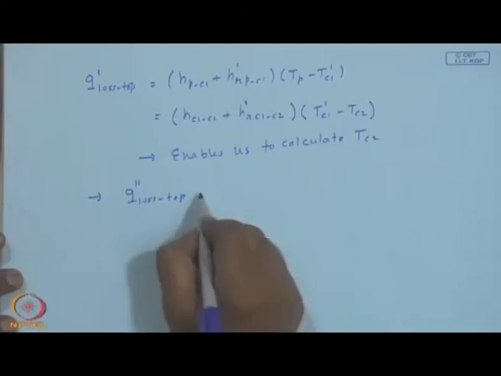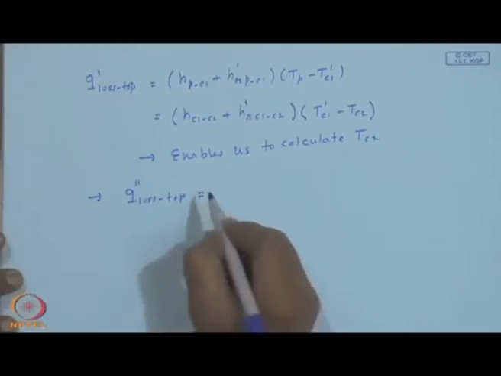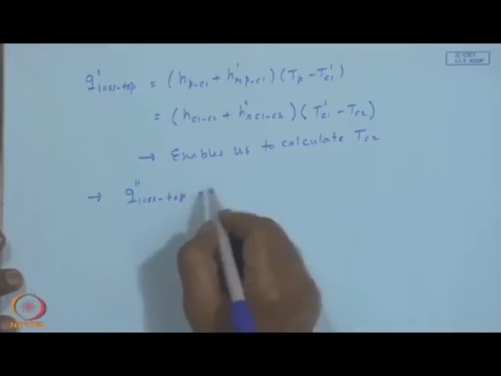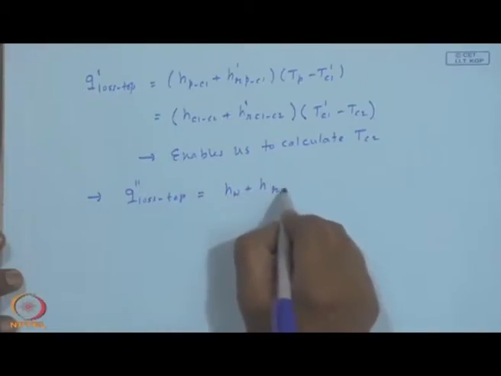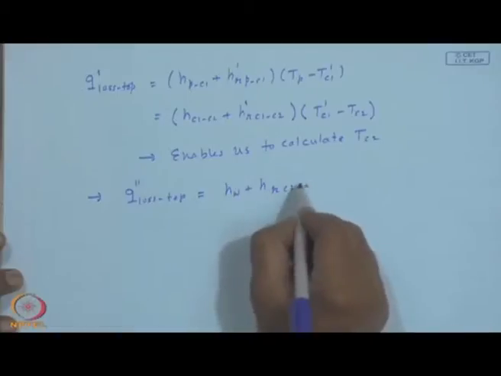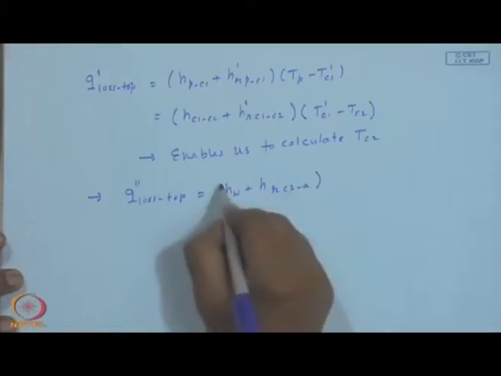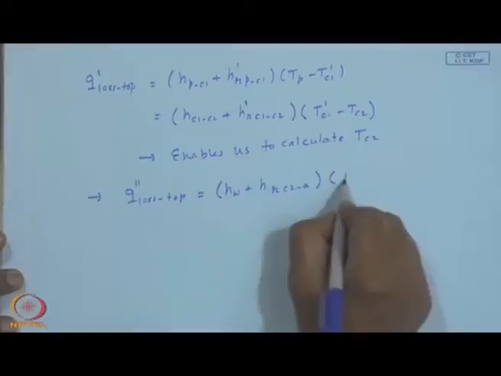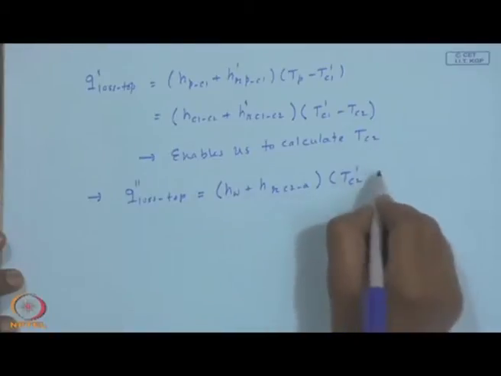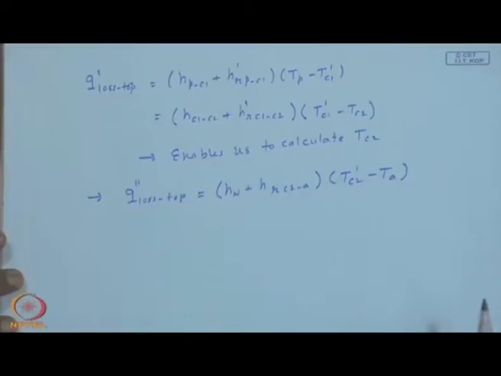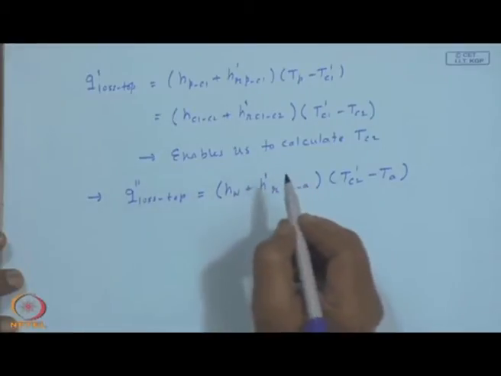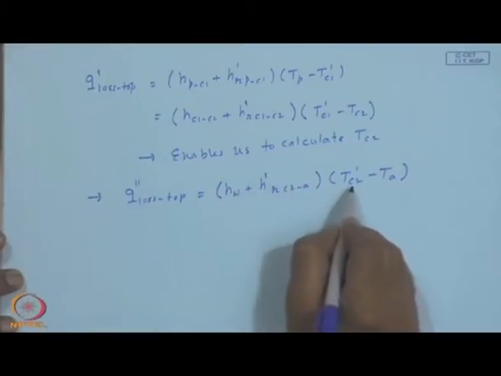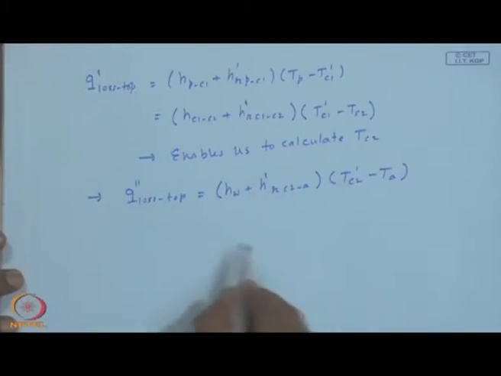Now, from the top cover I will get a different number, which will be H w plus H r C 2 a times T c 2 1 minus T a. If you want to be precise, we can call this H r C 2 a 1, because this has made use of T c 2 1.